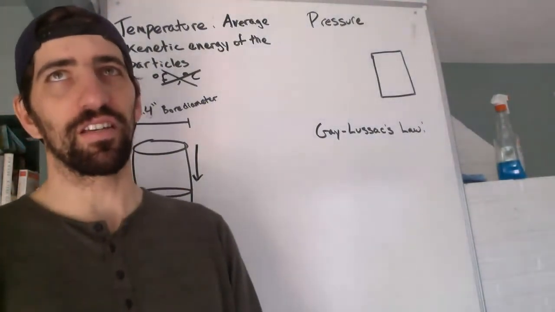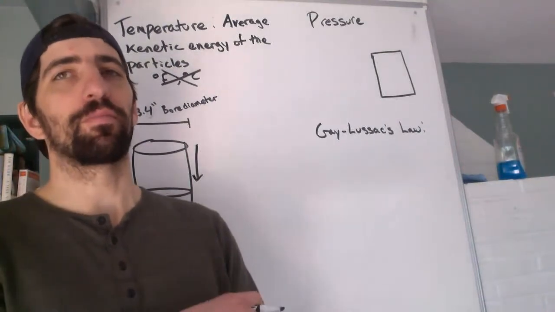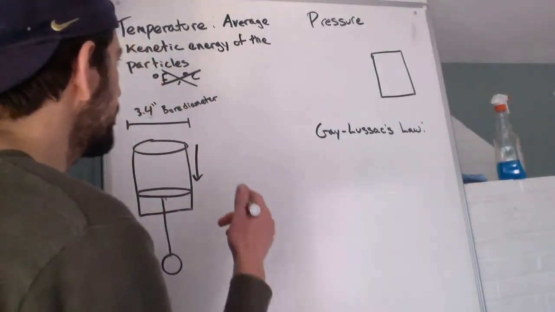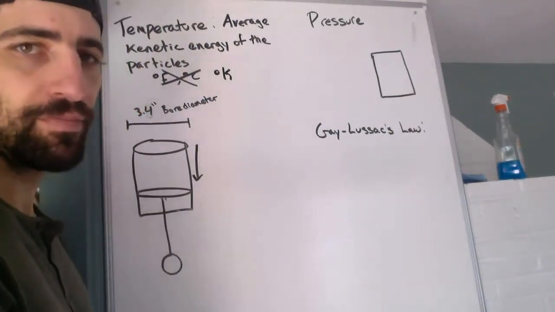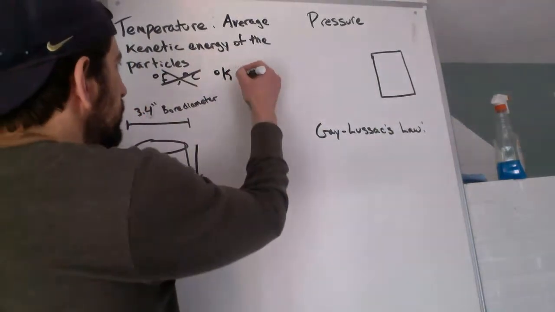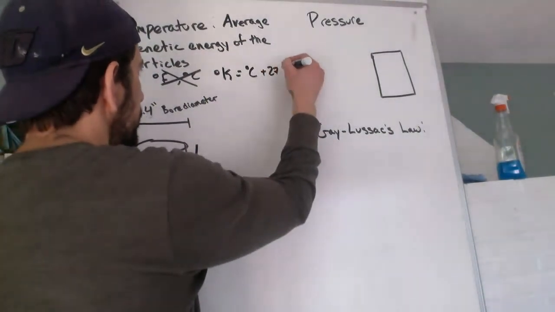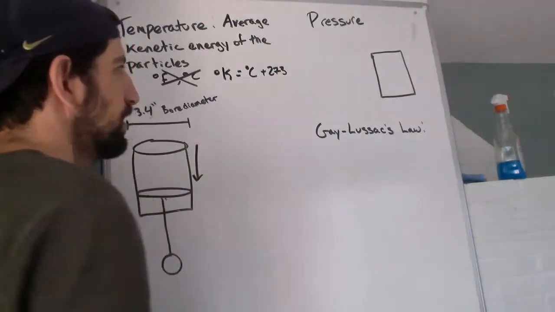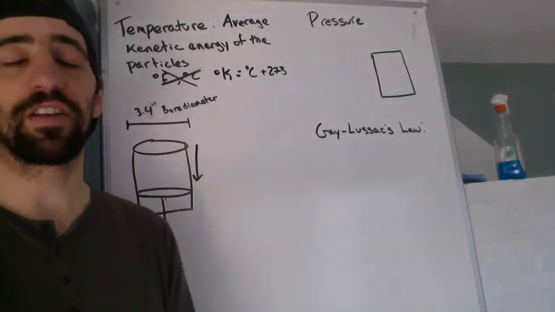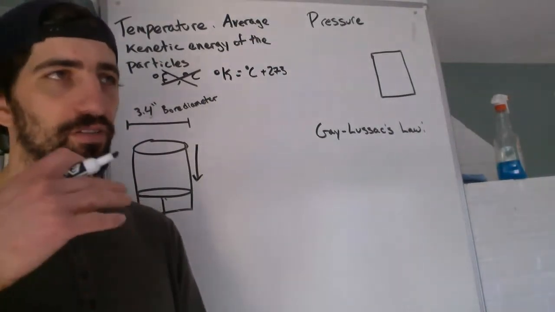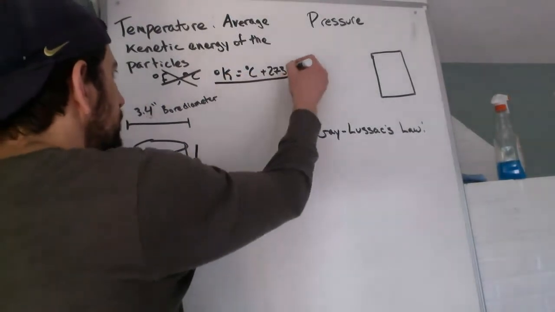What I want is absolute zero, where the particles aren't moving at all, and that is in Kelvin. Kelvin, which we show with a K, is equal to degrees Celsius plus 273. So at negative 273 degrees Celsius, the particles stop moving, and that's absolute zero. We're going to have to keep this in mind for later.